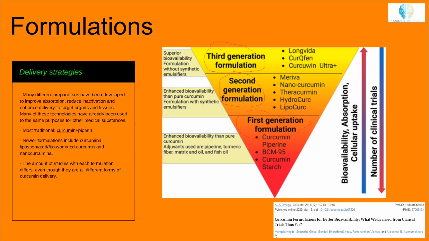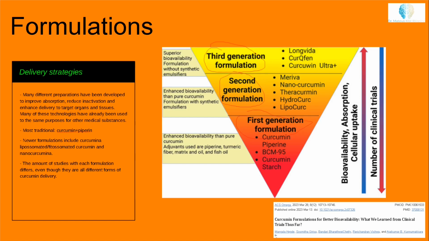The third generation wants to combine higher absorption, higher bioavailability, and also it doesn't want to keep curcumin trapped inside a structure. It wants to make curcumin reach the destination, and there it wants curcumin to be available, to be free to be used to act on that tissue.